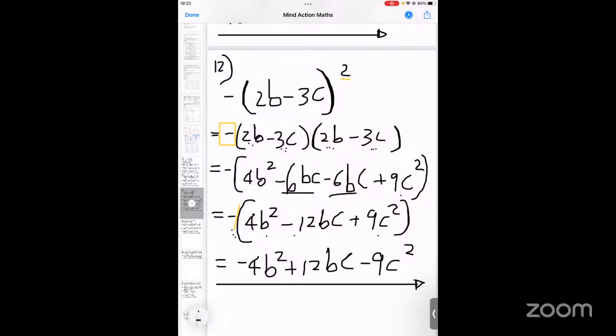Where was your mistake? I didn't know how to properly solve the sum. Okay, let me quickly check. I will give you a review just now. Yes, that one. Okay, let's see.